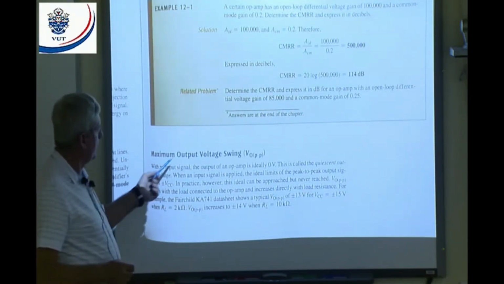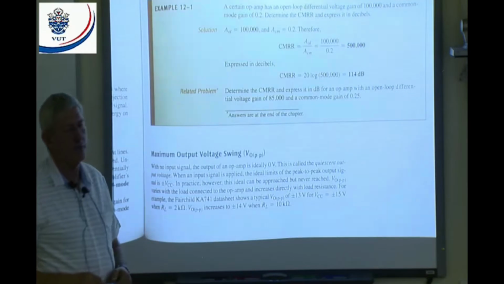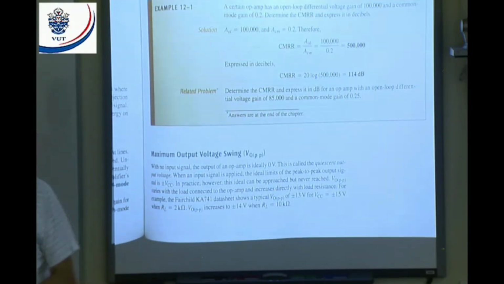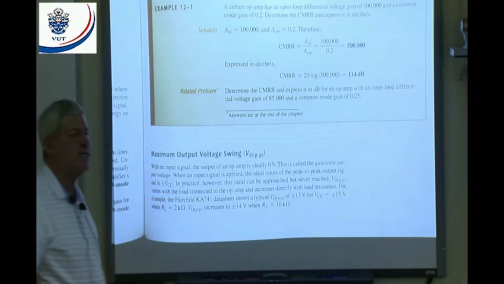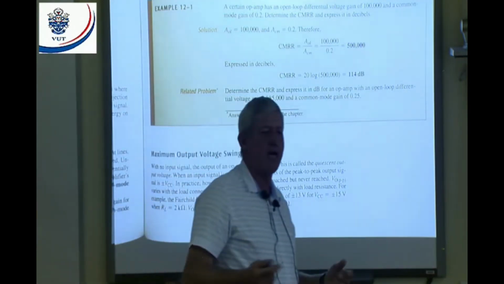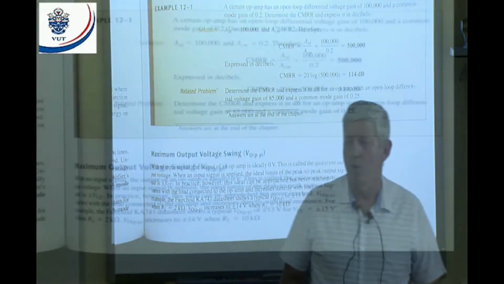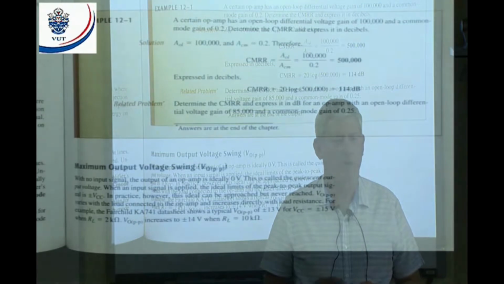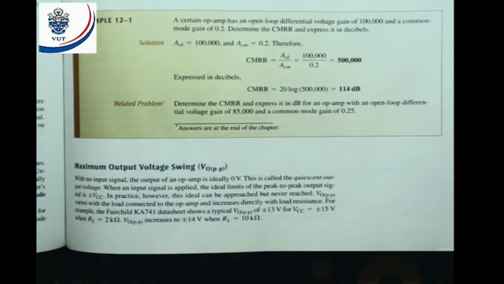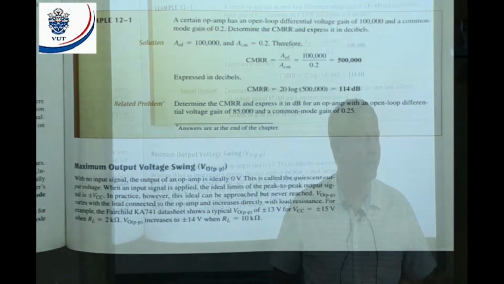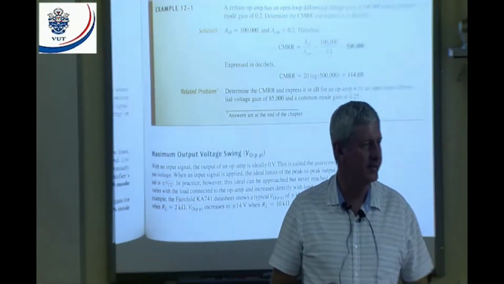The next thing, maximum output voltage swing, V out peak to peak. Now, quite important, what determines the maximum output of an op-amp? Anybody? The input?